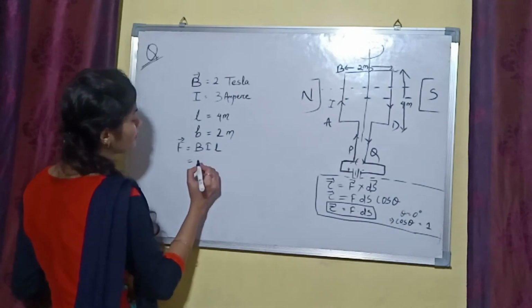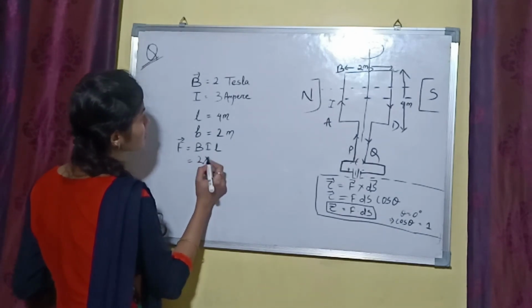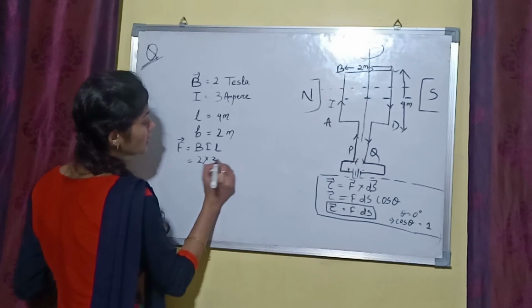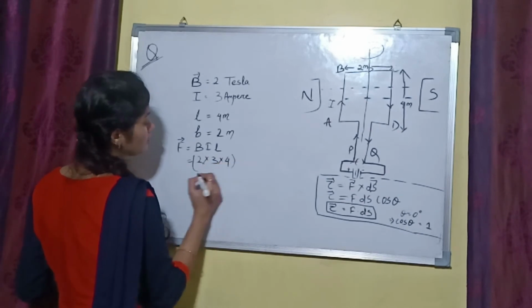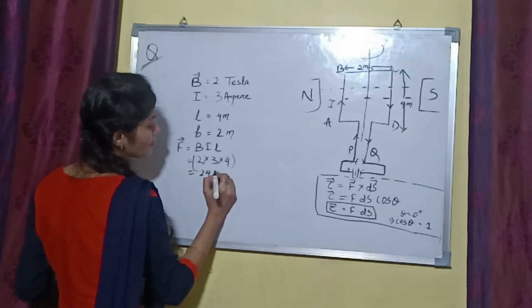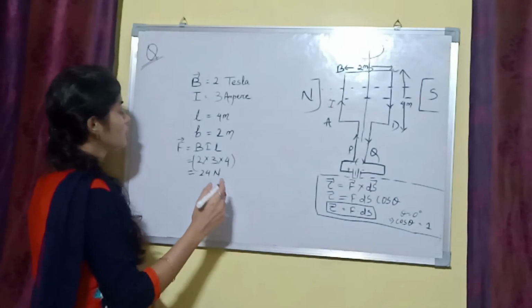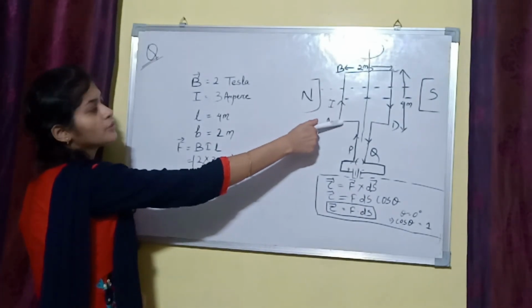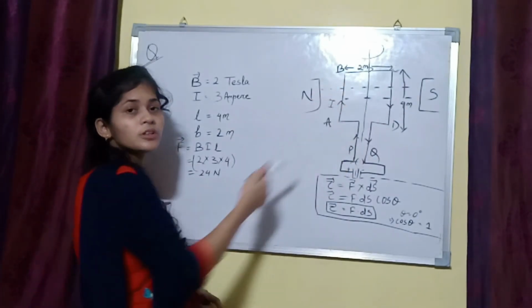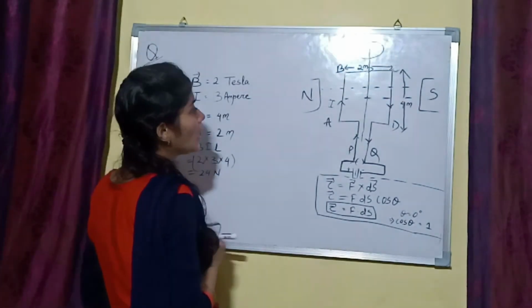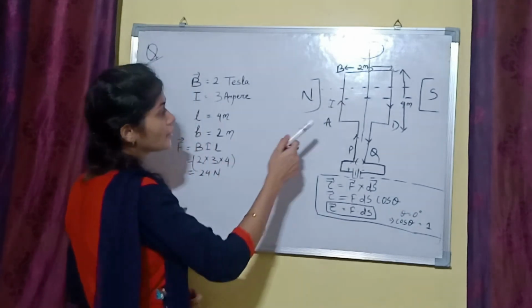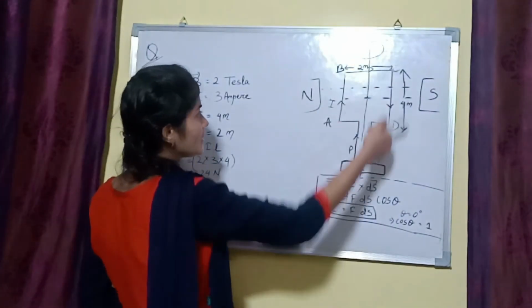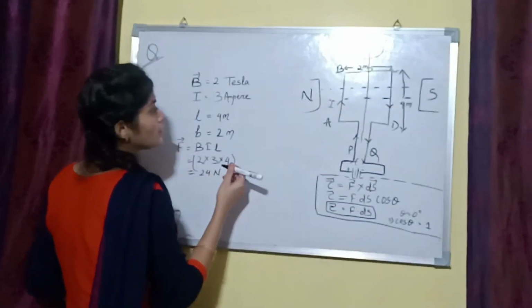Here the value of B is 2, into 3, and the length is 4. So it will be 24 Newton. Here the force will be 24 Newton, and here also the force will be 24 Newton, as two forces are produced in this arrangement.